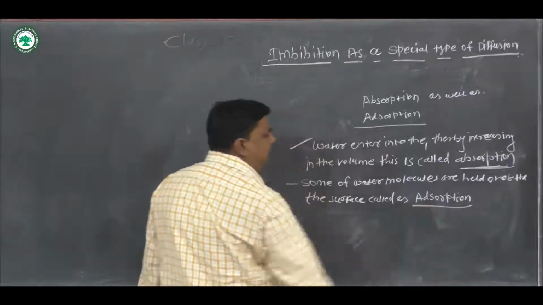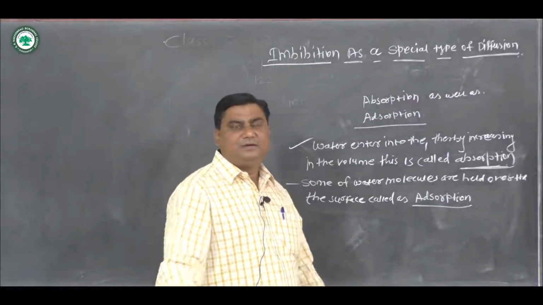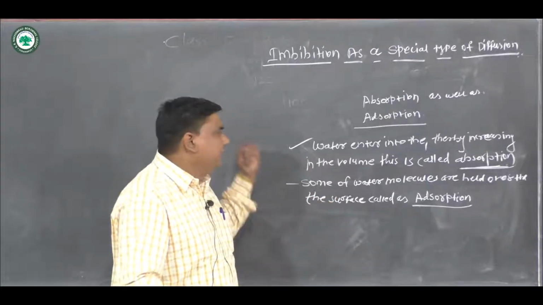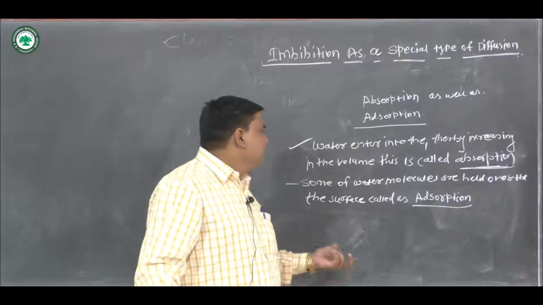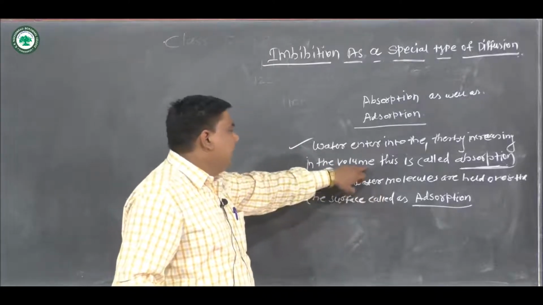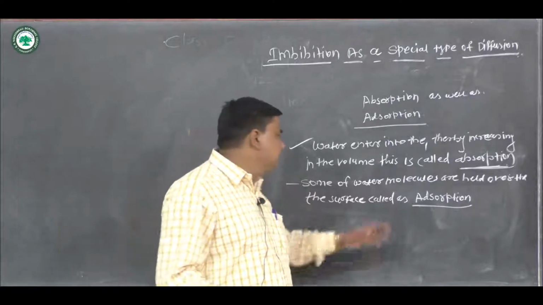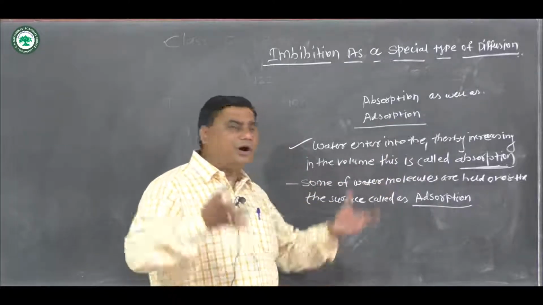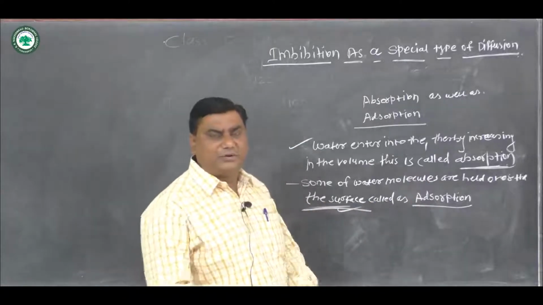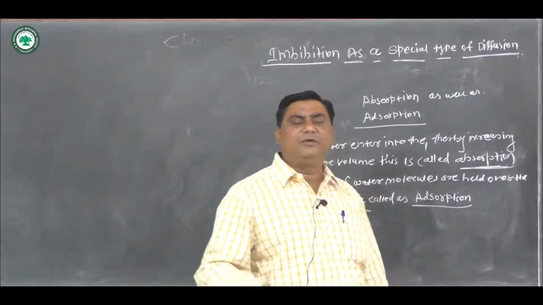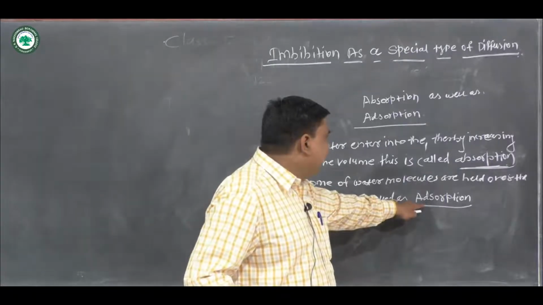Okay, is it clear now? What do you mean by absorption? Water enters into the cell, thereby increasing its volume. What we call absorption. And here some water molecules are held over on the surface. The water molecules held over on the surface, we call adsorption.